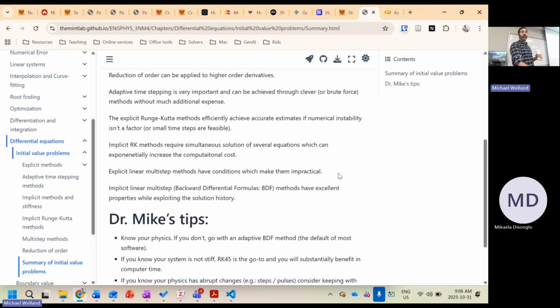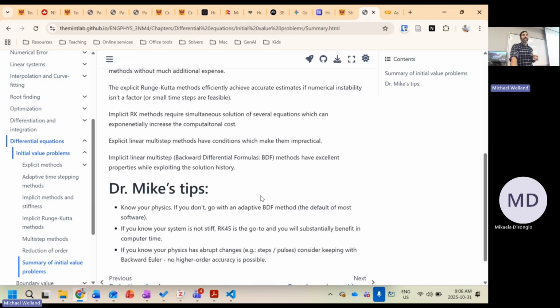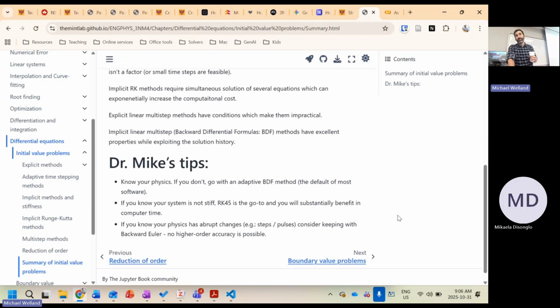Similarly, explicit linear multi-step methods have conditions that make them impractical. We don't really bother with those ones, but the implicit version, the BDFs, have excellent properties while exploiting the solution history, right? Because we have that information, we may as well use it. Plus, it behaves the way you would expect it to behave.